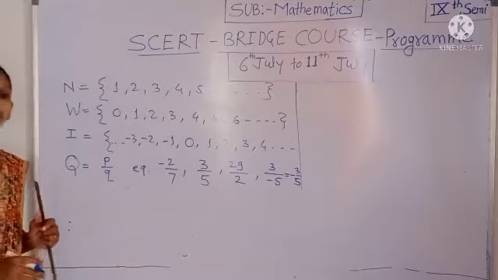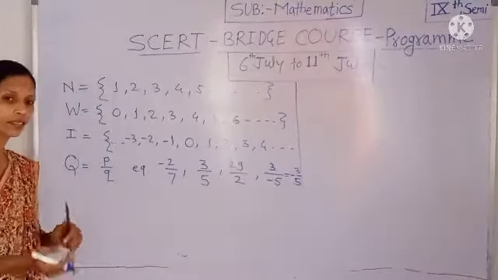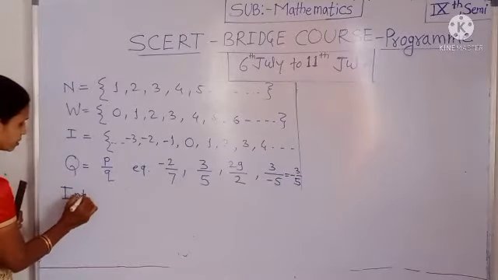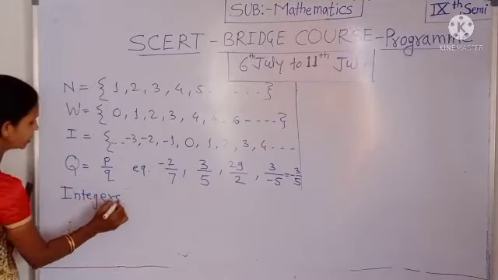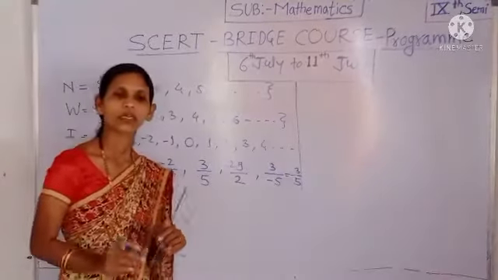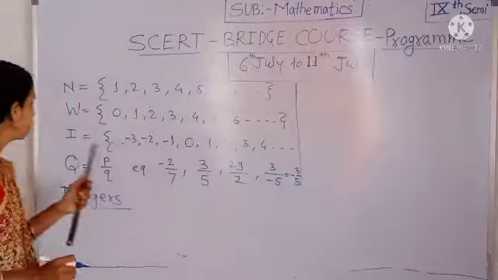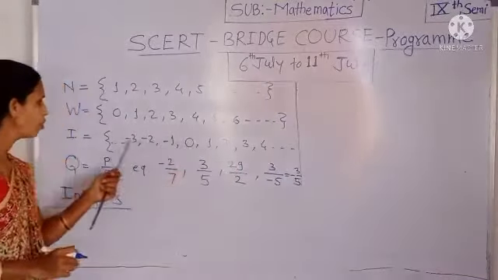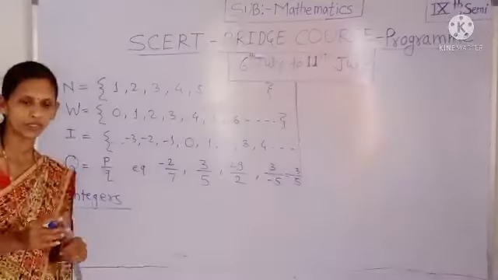Then see here, we will discuss the integers. All of you have studied the set of integers. Integers are a set of 0, all positive numbers and all negative numbers.